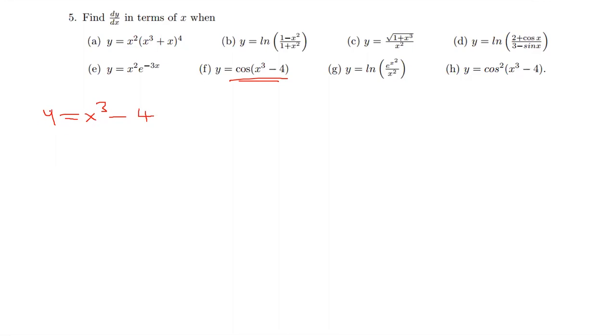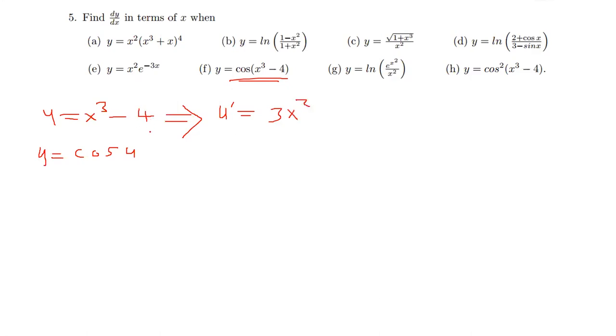So let my u be equal to that, meaning my y will just be equal to cos u. So we can now find du/dx. So du/dx, which is just u prime, is going to be equal to 3x squared.